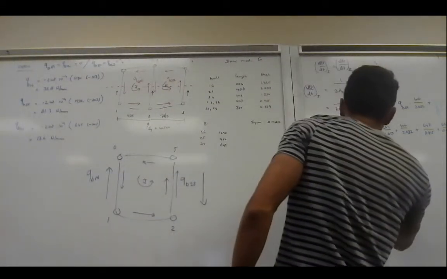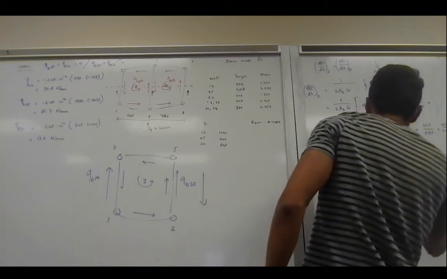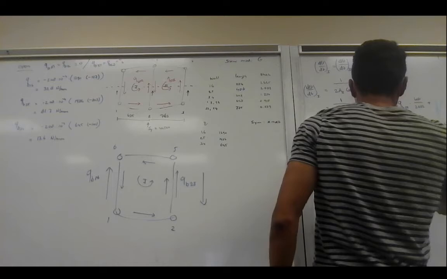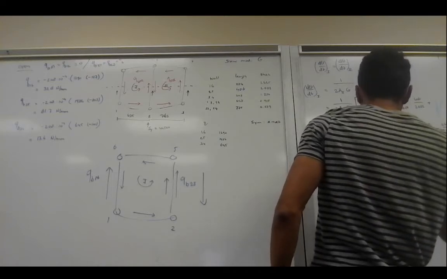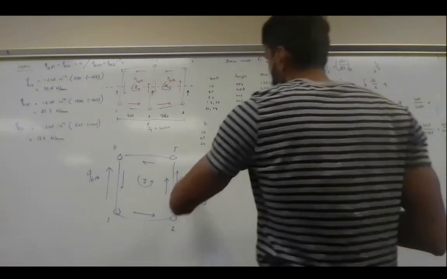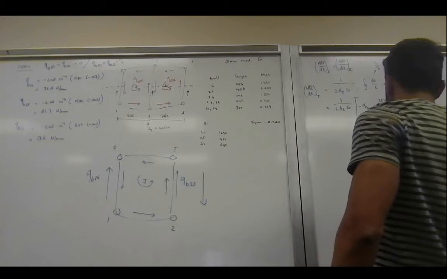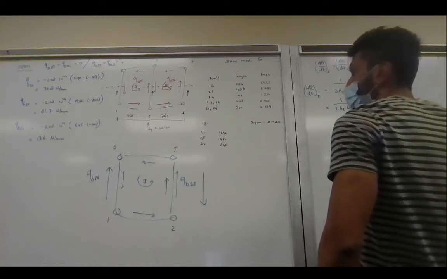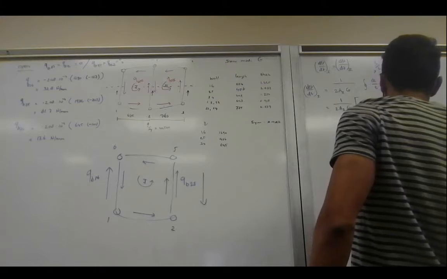So you get negative QS2 multiplied, all in brackets, by 2.5, so that's 406 over 2.032.